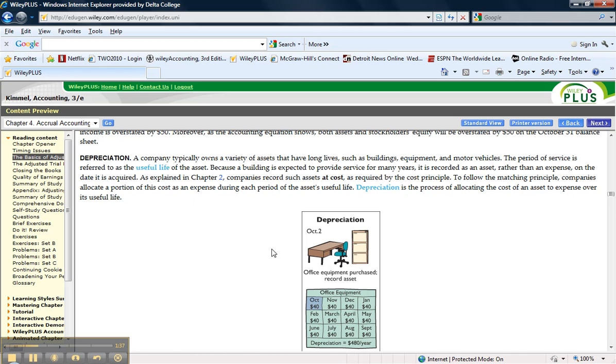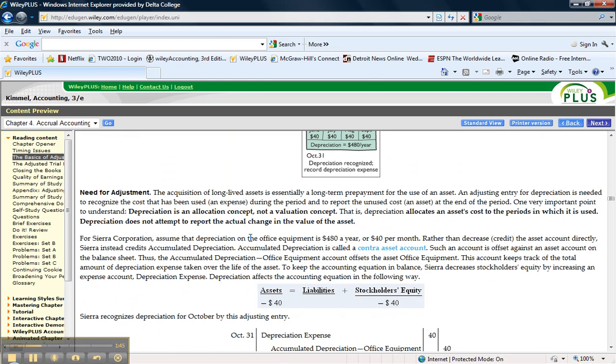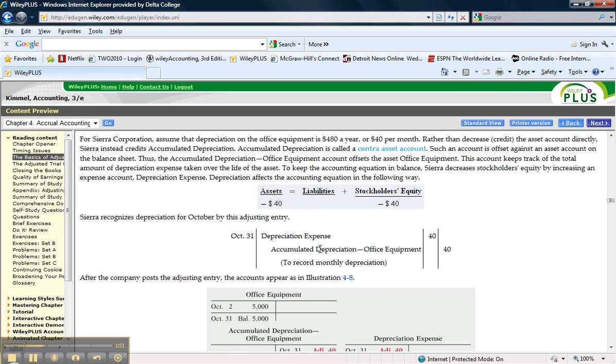It's a prepaid expense, even though in this case we're buying assets that have a long life, and we have to spread the cost of those assets over the whole life. So we record little bits into an account called depreciation expense. It's just like insurance expense or supplies expense. We're just putting a cost as we incur it into the expense account.